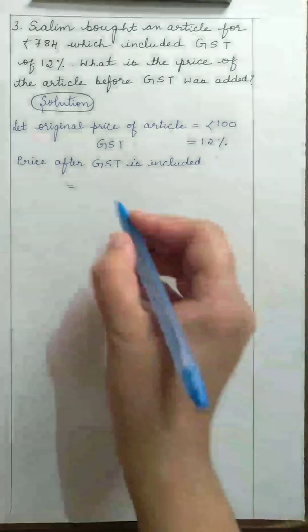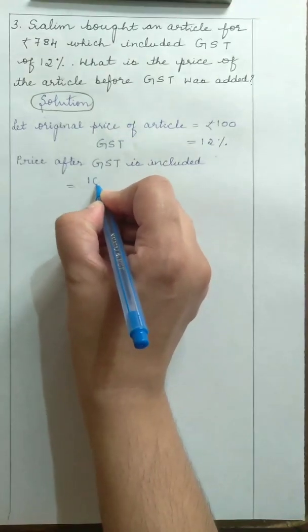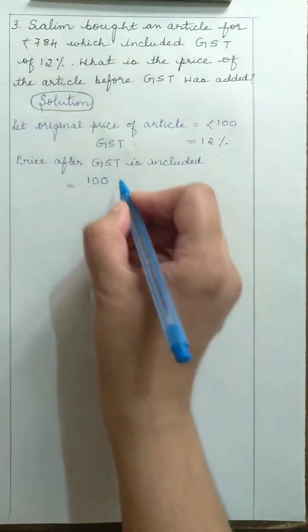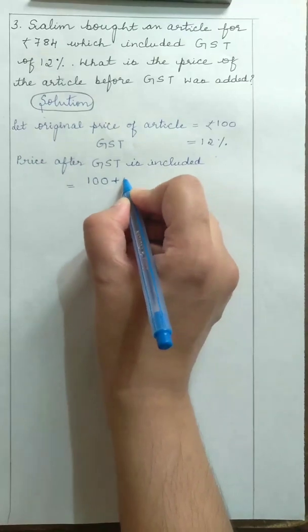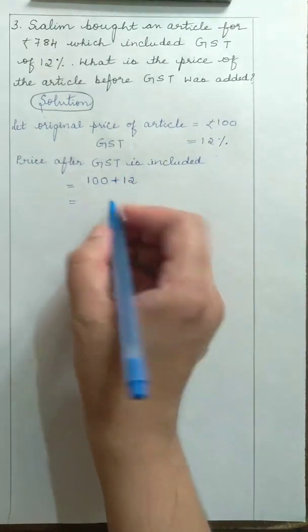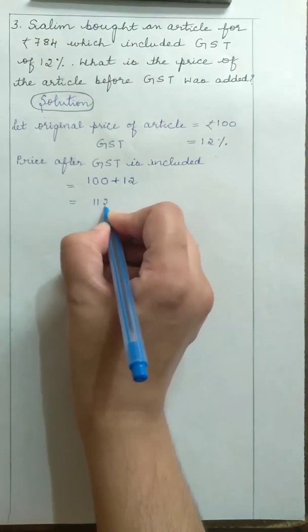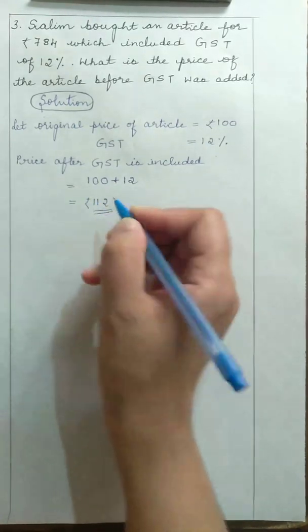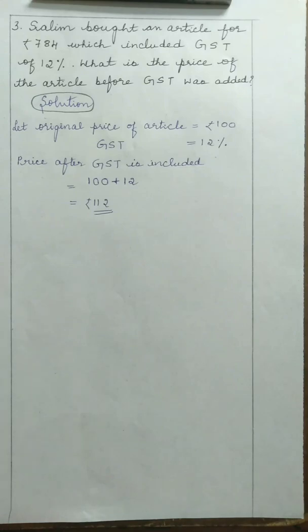So, original price rupees 100 plus GST 12, 100 plus 12 will be 112 rupees. Therefore, rupees 112 is the price after GST is included.